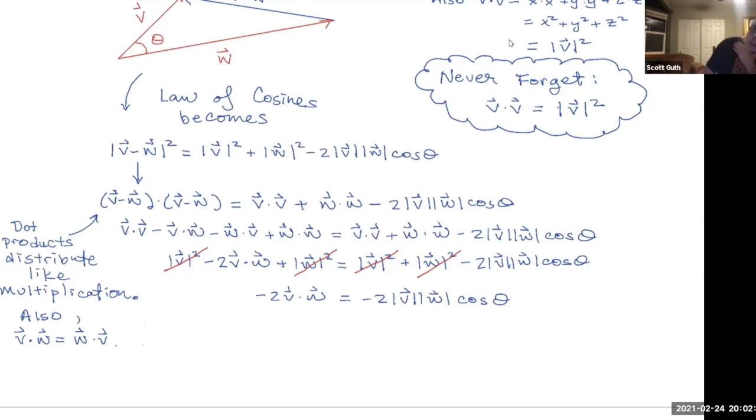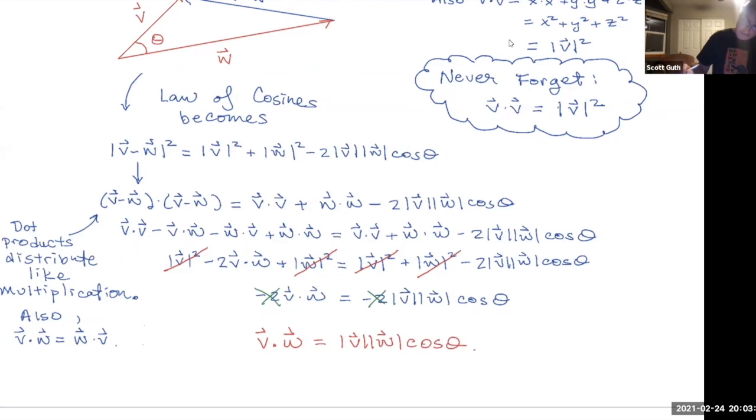And of course, we can kill the negative 2's here. And so this is our identity. So v dot w is the magnitude of v times the magnitude of w times the cosine of the angle between them.